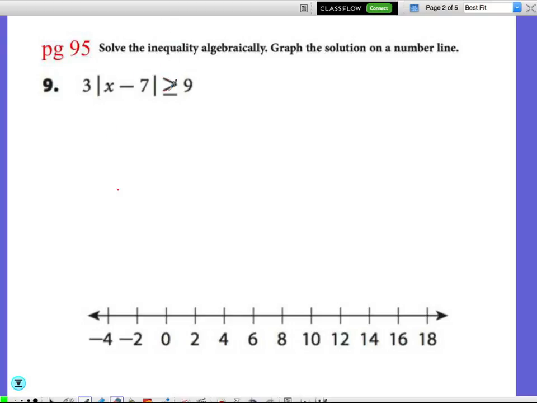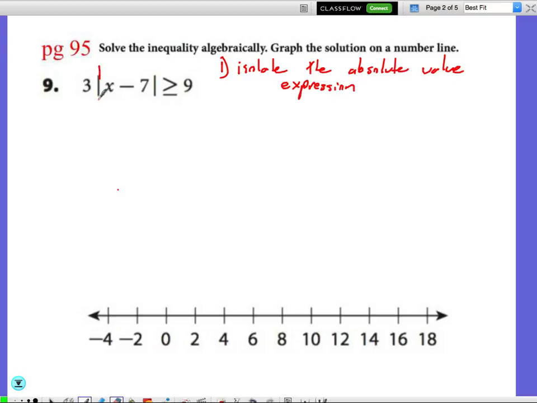Now, because we have these symbols right here, we no longer call them equations, we call them inequalities. And actually, the very first step to solving inequalities and graphing them is the same step as solving an absolute value equation, which is to isolate the absolute value expression.